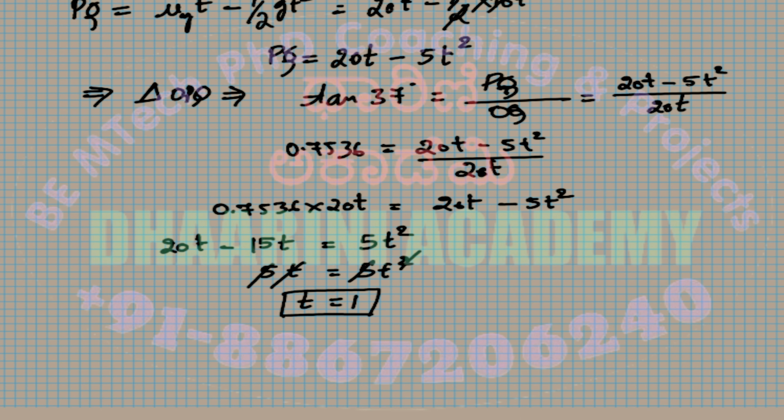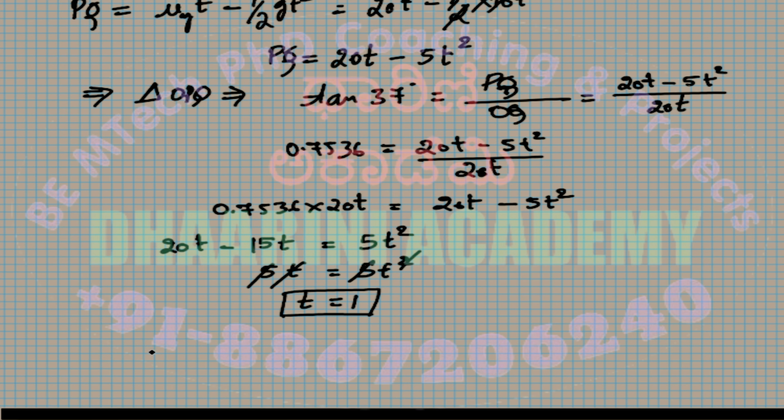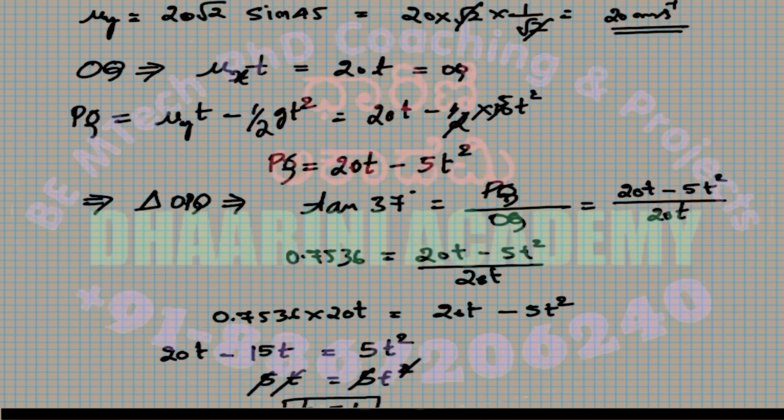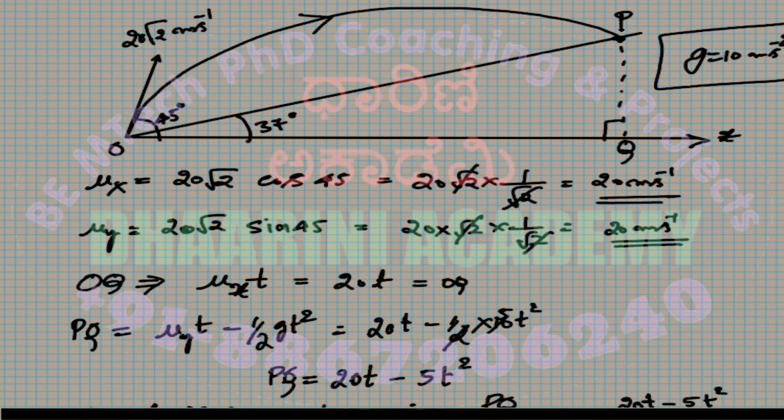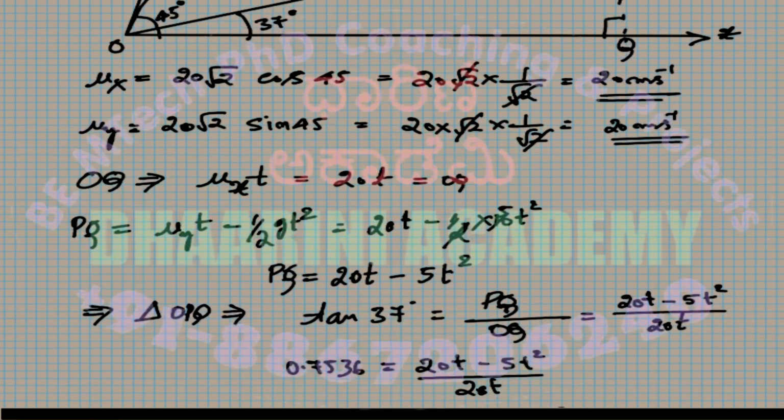Once I have the time of flight as 1 second, I can find OP now. What is the equation for OP? I can relate it using OQ, which is a cos function.